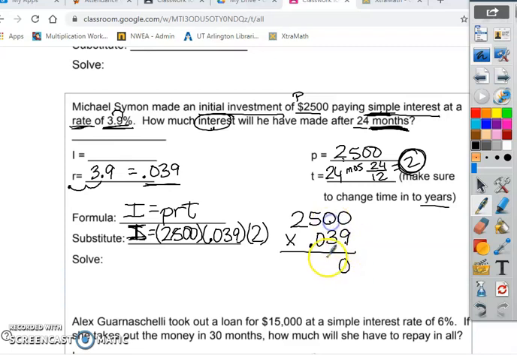Zero, 45, carry the 4, 18 plus 4. I'm going to hold my 0, I'm going to hold my spot.